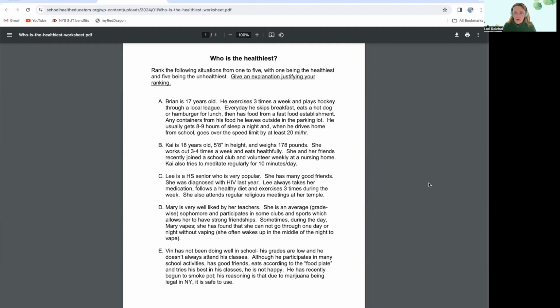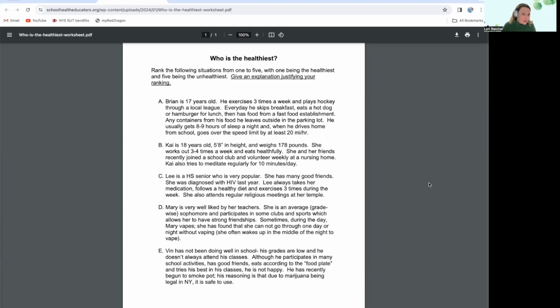So the 5 paragraphs are fictional young people and what some of their behaviors are. So there's Brian, who exercises a lot and has some junk food that he eats and stuff. And then there's Kaya, who is 18 years old and works out a lot, and also volunteers at a nursing home, tries to meditate regularly.